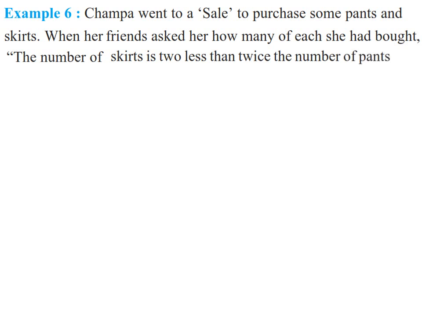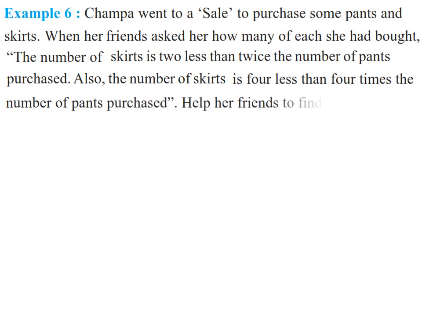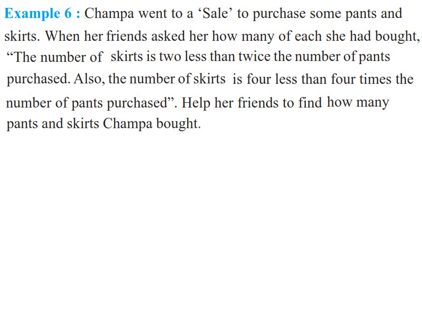The first relation gives that the number of skirts is 2 less than twice the number of pants. And the other says the number of skirts is 4 less than 4 times the number of pants purchased. So help her friends find how many pants and skirts Champa bought.